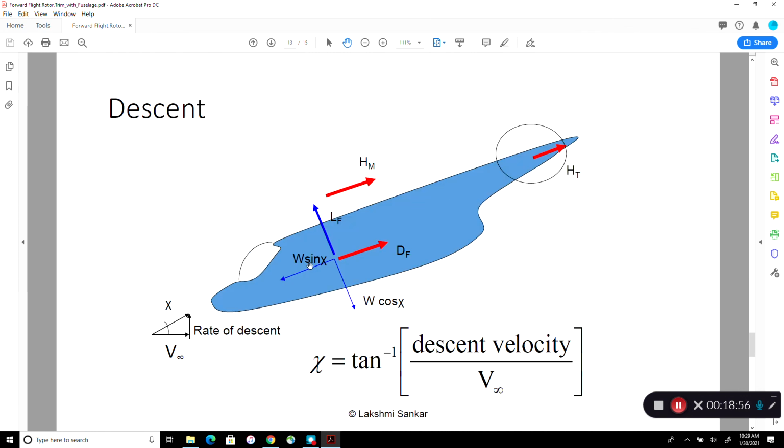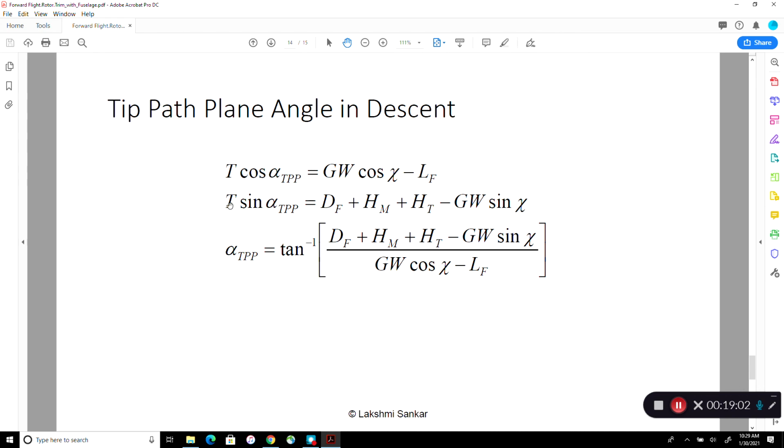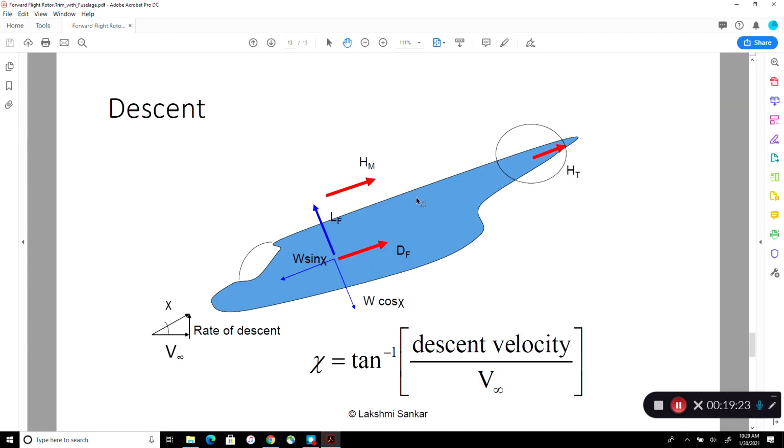It's producing a propulsive force forward in addition to the helicopter rotor itself. So helicopter rotor propulsive force plus weight's forward component in the total velocity direction. So this is the main rotor, fuselage drag, main rotor H force, tail rotor H force, and force from this particular picture in here.